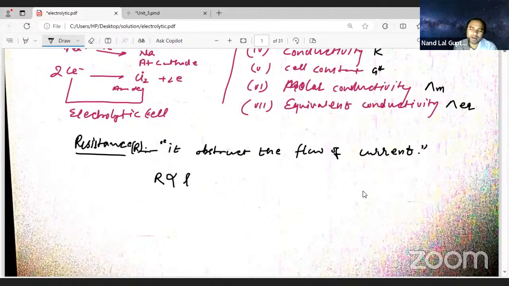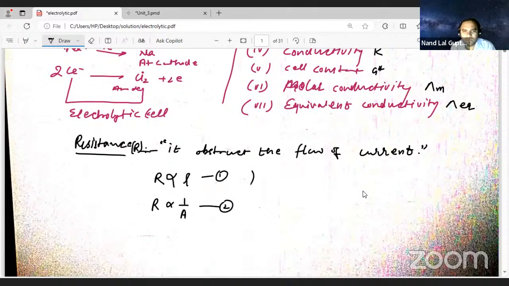Secondly, resistance is inversely proportional to area of cross section. If the wire is wider, current will flow easily. This is the area of cross section of the electrode. This is equation number 1, and this is equation number 2.